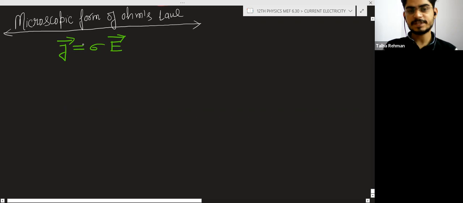So J is the current density, sigma is the conductivity, and E is the electric field.